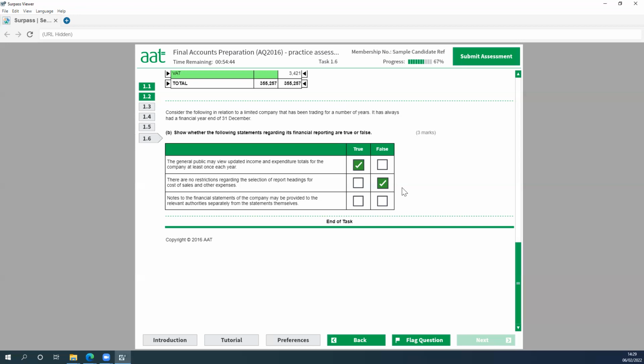This basically means, I'll give you an example, so I am waffling, but let's say between your year end and your accounts being signed off, one of your customers has gone bankrupt.